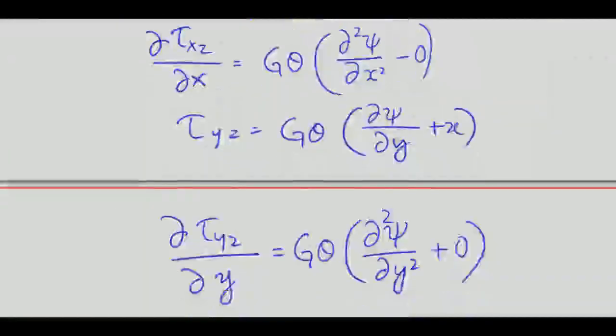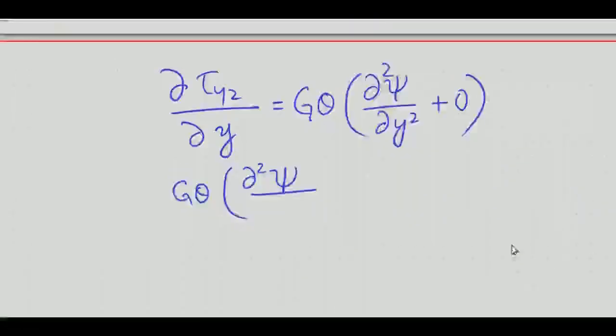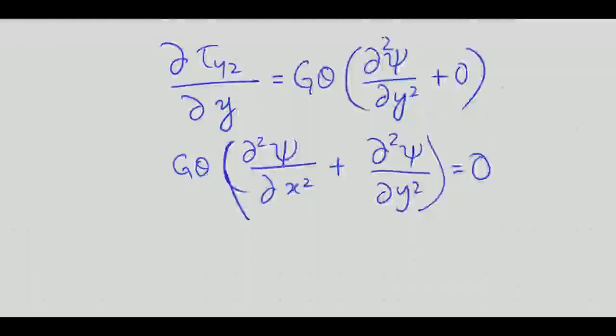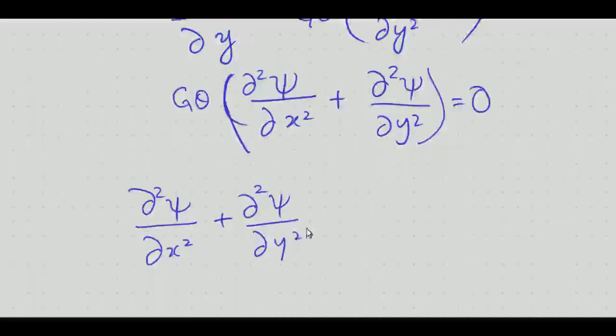We will get G θ into (∂²ψ/∂x² plus ∂²ψ/∂y²) is equal to 0, or since G θ is not 0, we can write ∂²ψ/∂x² plus ∂²ψ/∂y² equal to 0, or we can write this as ∇²ψ equal to 0.